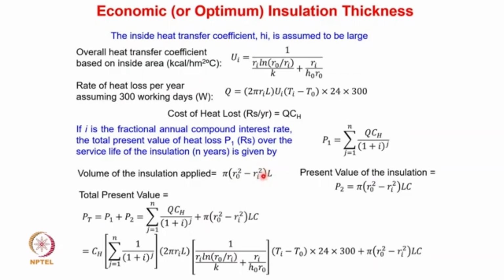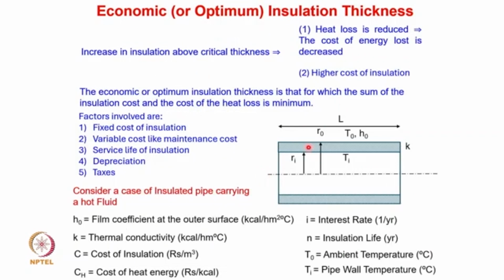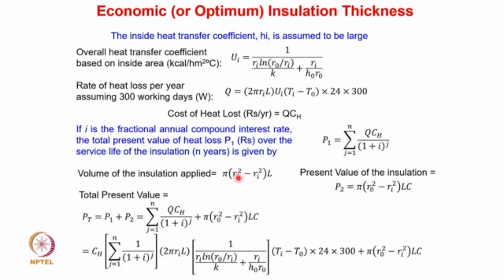That will be the volume of the insulation required, because in this case the insulation will be this, and we are taking the negligible thickness of the pipe wall. So the thickness of the insulation will be what? Ro minus Ri, isn't it? So the volume of the insulation will be (Ro squared minus Ri squared) into pi, that is the area, multiplied by L, the length. That gives us the volume of the insulation required.